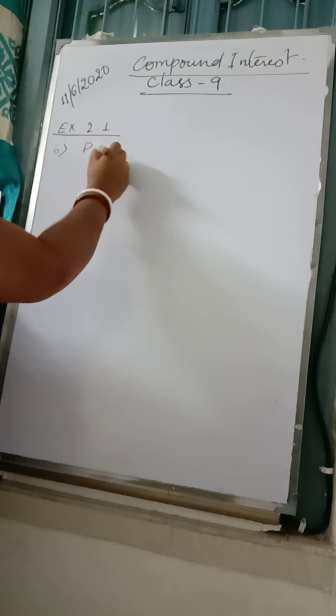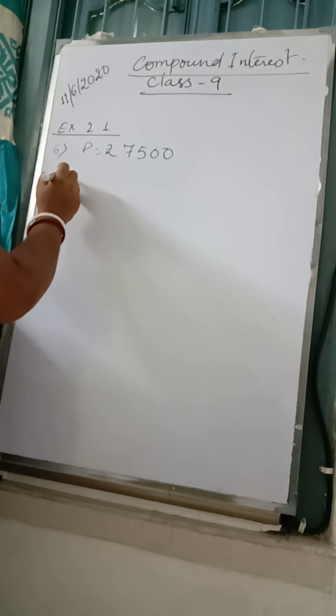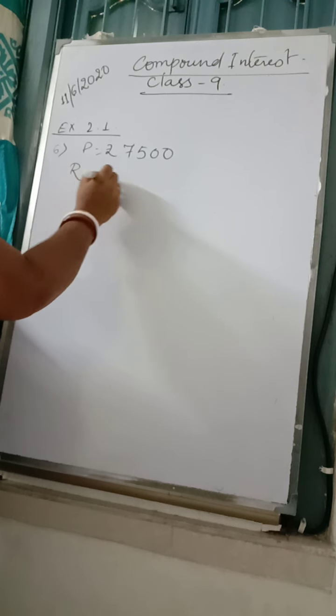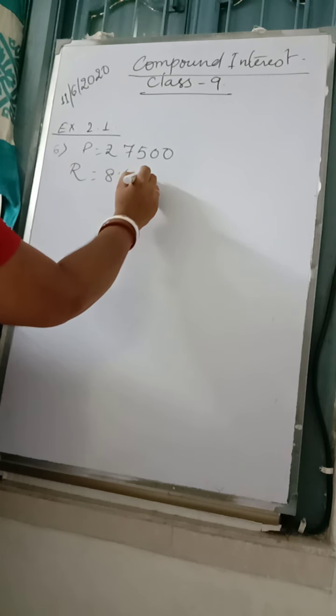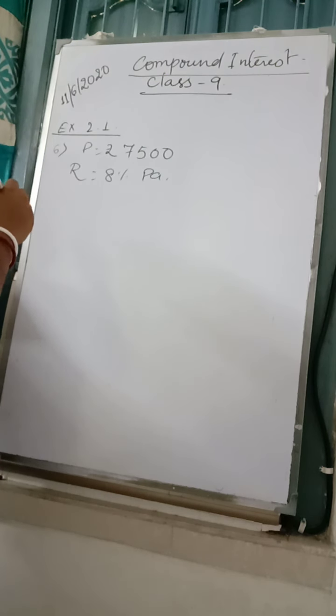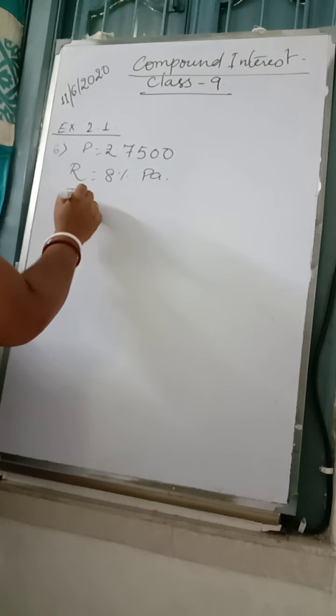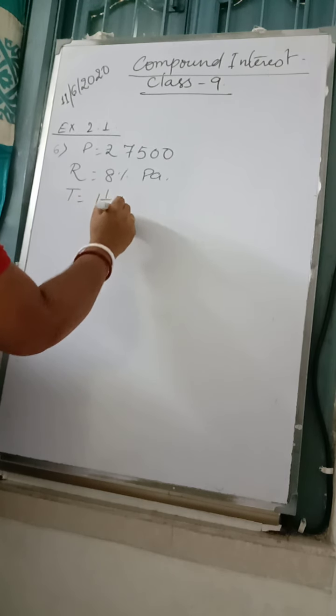Principal is rupees 7,500. The rate is 8% per annum, paid half-yearly. Time is 1 whole 1 by 2 years.